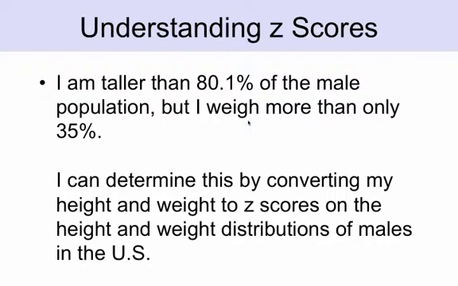By converting my height and weight to z-scores, and then looking up those scores on height and weight distributions of males in the United States, I find out that I am actually taller than 80.1% of the male population, but I weigh more than only 35%. So it does make sense to say that I am taller than I am heavier.